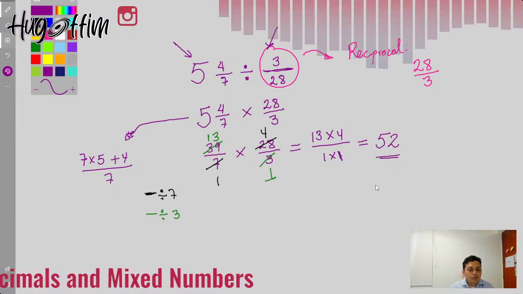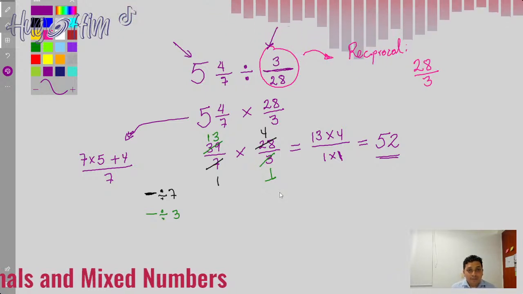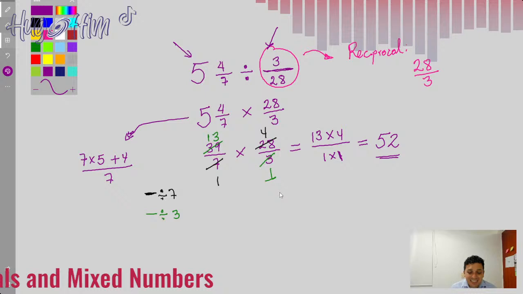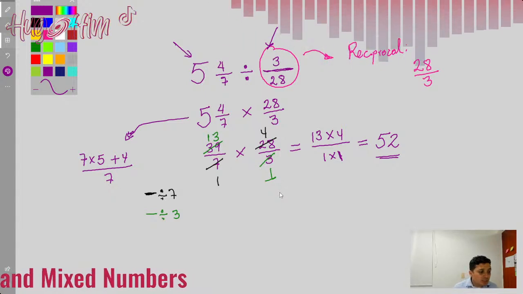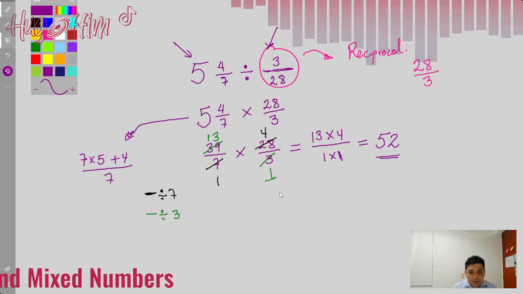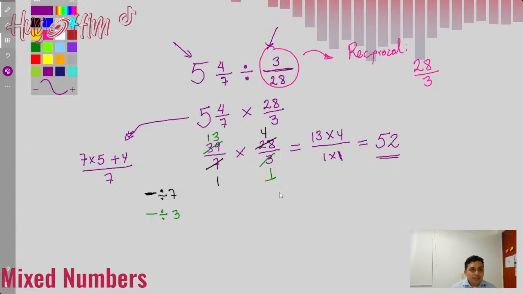So I got 52. This is going to be the division of fractions. And this is how you can operate fractions, mixed numbers, and everything.